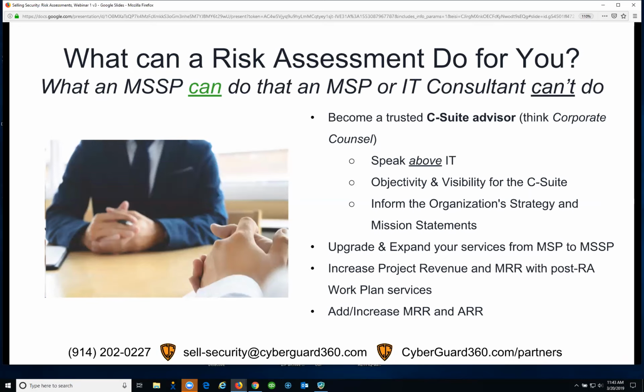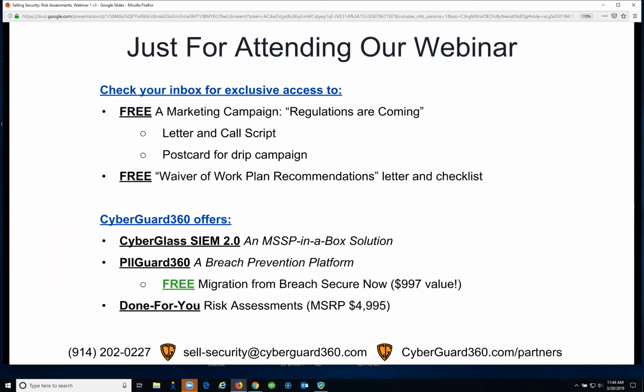What you can do with a risk assessment as an additional service you can offer is quarterly policy and procedure reviews and how well they're comporting with them, because you're also going to help write those policies and procedures. You'll be able to increase project revenue, MRR, with post-RA work plan services. I don't want to belabor this because I know we're butting up against time, and add or increase your MRR and your ARR, your annual recurring revenue.